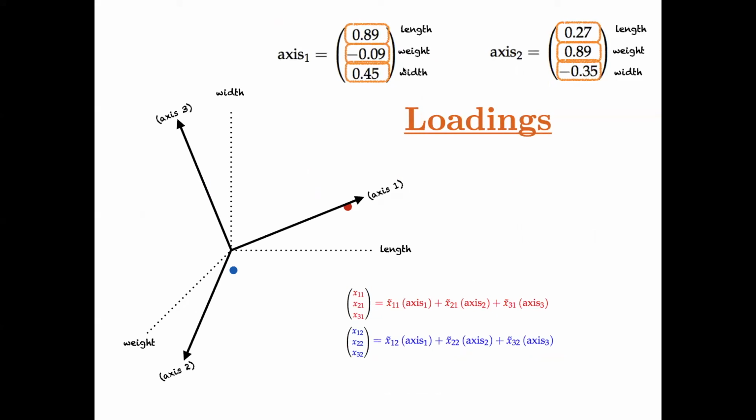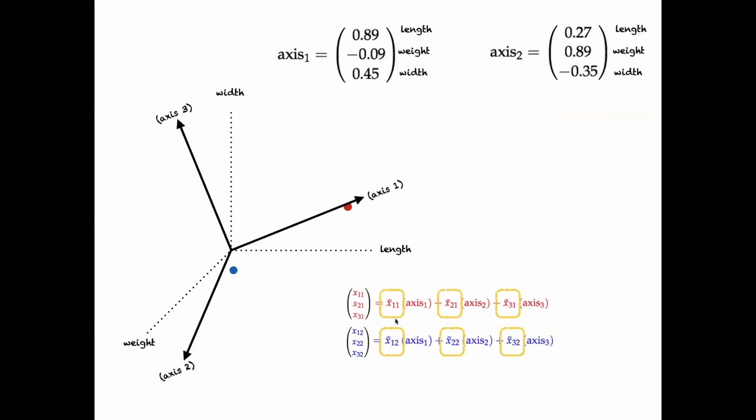They tell you how each of your original variables relates to your new factor. The coordinates in our new basis are typically called scores. Sometimes some packages will just refer to them as coordinates, but more often you'll see them in the literature called scores. In the next video, I'll walk through a more complete example which shows how this is done through matrix factorization.